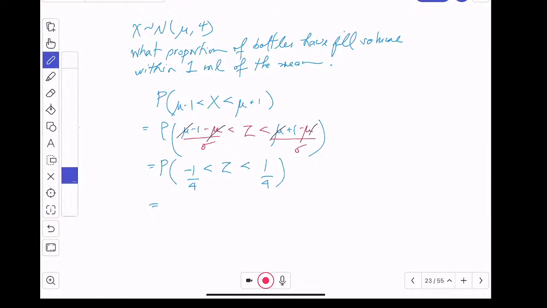And so the probability is between negative 0.25 and 0.25. So then you look it up on the table. What do you get? You guys will have to tell me.